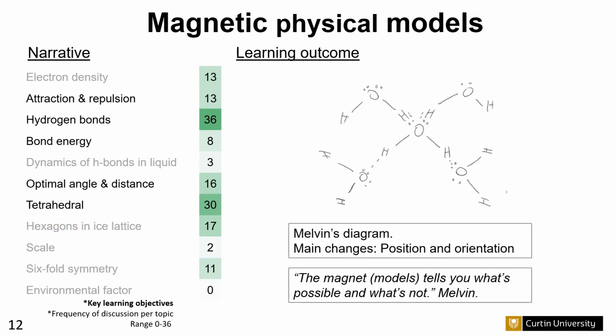And here, after they went through the media, we asked students to revise their initial diagram. For students' diagrams after the activity, we can see the main change is related to the position and orientation of water molecule interaction. This was a result of their exploration, as they noted that the models show you what is possible and what's not.